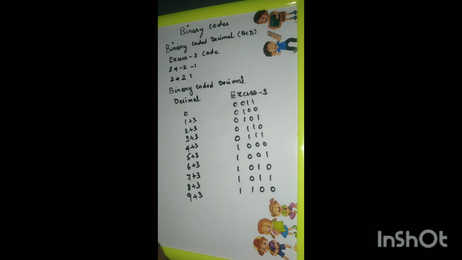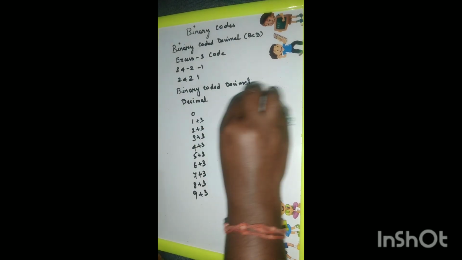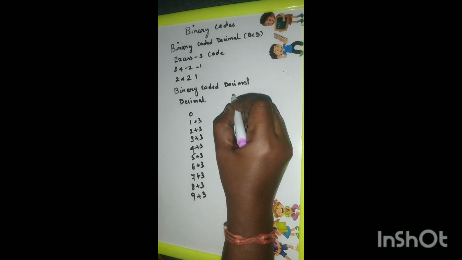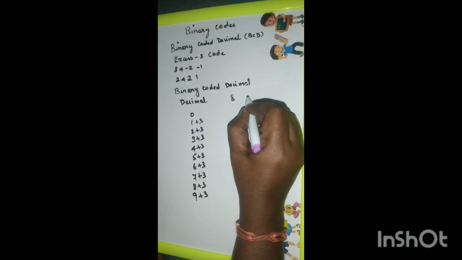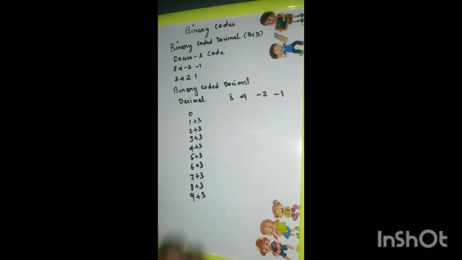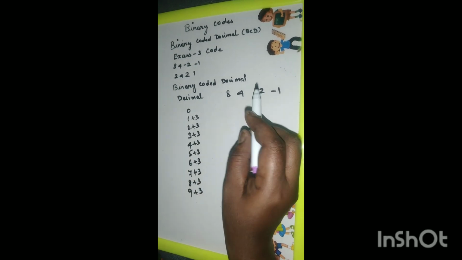Next we will see 8 4 minus 2 minus 1. This is similar to BCD code.